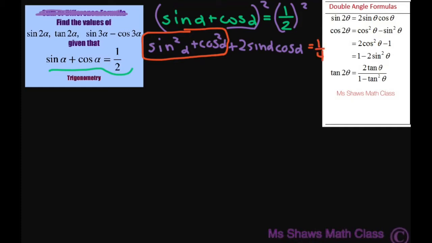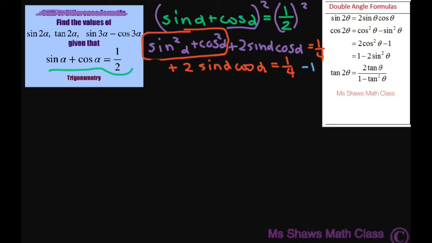All right. So now we have 1 plus 2 sine of alpha cosine of alpha equals 1/4. Now what I'm going to do is subtract 1 from both sides. I'm going to do that right here to save some room.